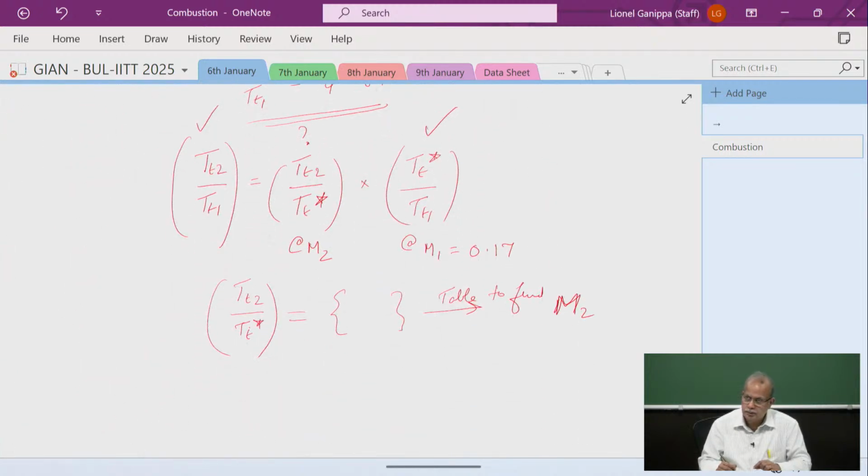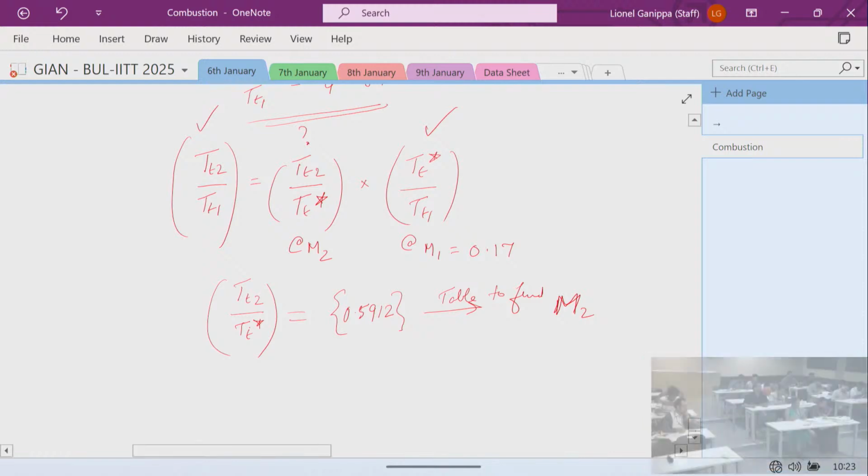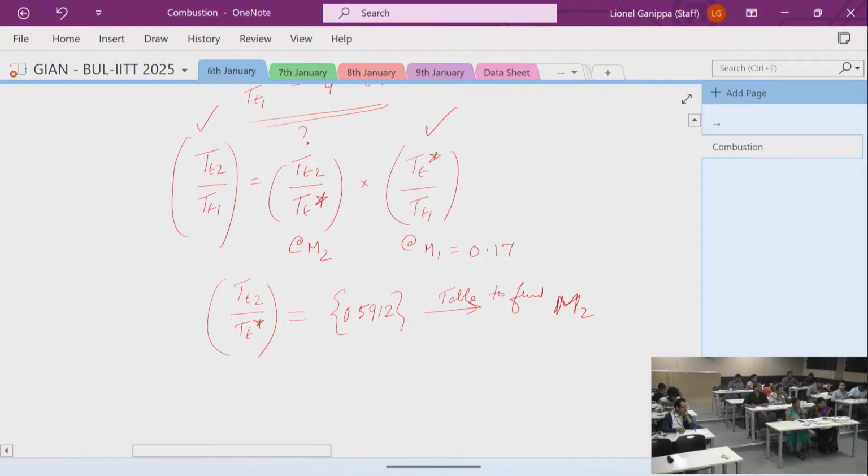What is this value? 0.912. This you have it in the inverted form.